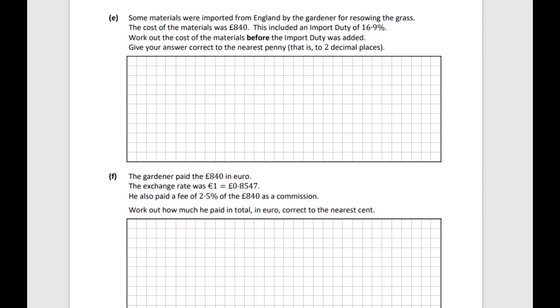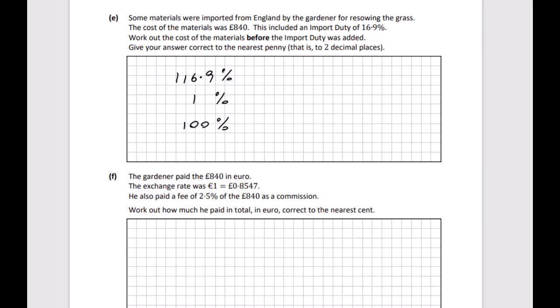Okay, so we want to find the cost. We know that 16.9% is included in the 840. That means that 840 can be represented by 116.9%. We want to go down to 1% and then back up to 100%. The 100% will represent the cost before the import duty was added.